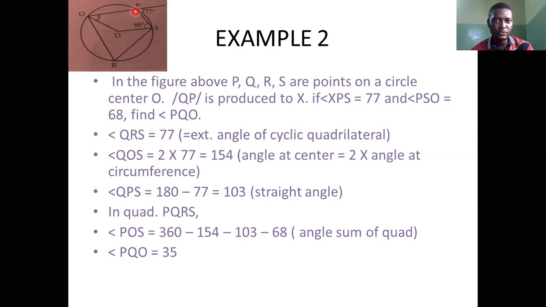So if you add angle P plus angle S plus this angle O, which is 154, that's 103 plus 68 plus 154, and subtract from 360, then you get your answer, which is 35. Why did we subtract from 360? We know that in polygons, we have the total angles in any polygon.